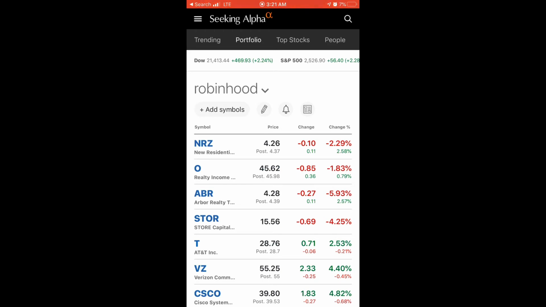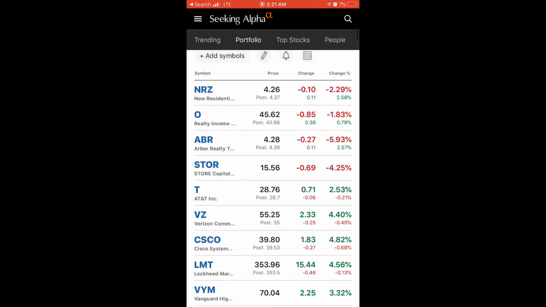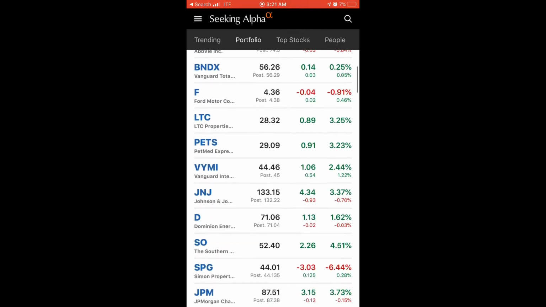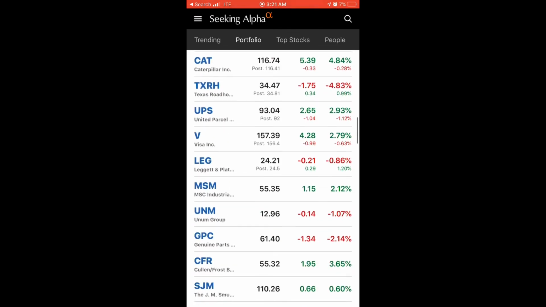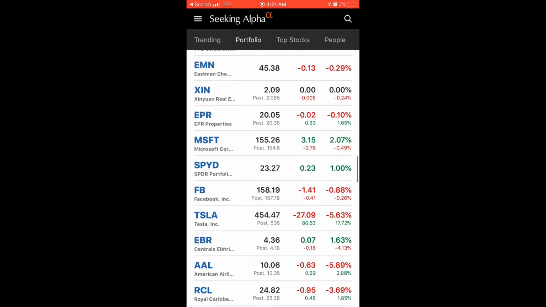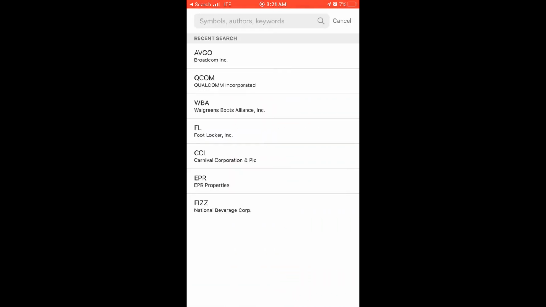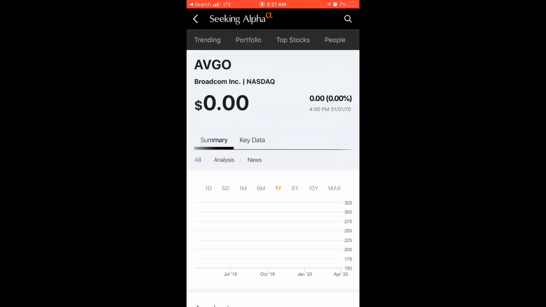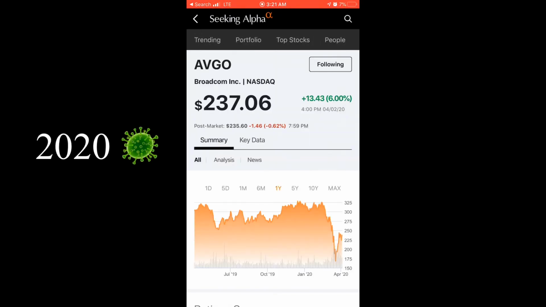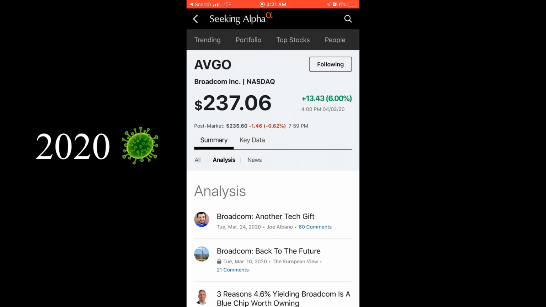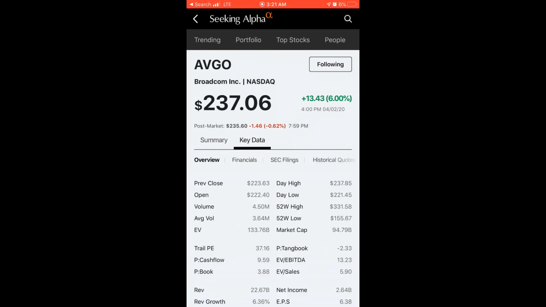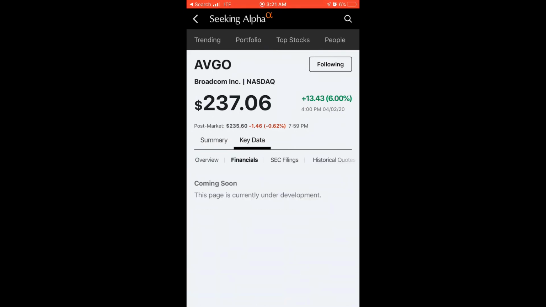So another thing very important, you look at Seeking Alpha, is the cash, how much cash the company has. So you want a company that has enough cash to sustain bad situations like we have right now. And if I go over here, get their financials, you see it's not available here because this is a mobile app.